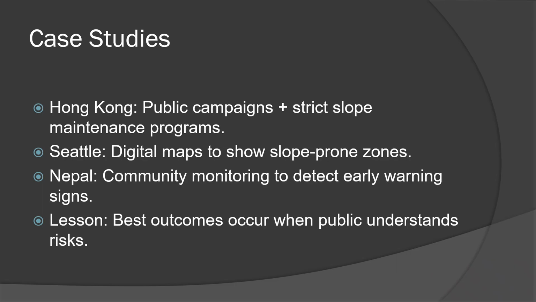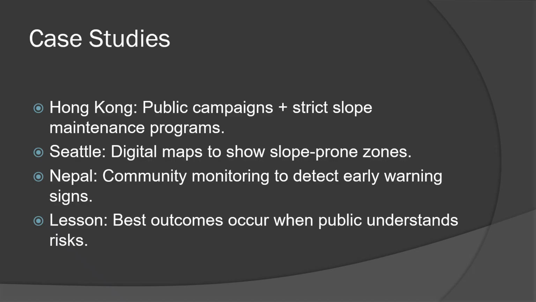Okay, so this approach works. I looked at a few places that are doing things right. First, we go to Hong Kong. It's famous for this. They have strictly maintained slopes, but they also run high-profile public campaigns.